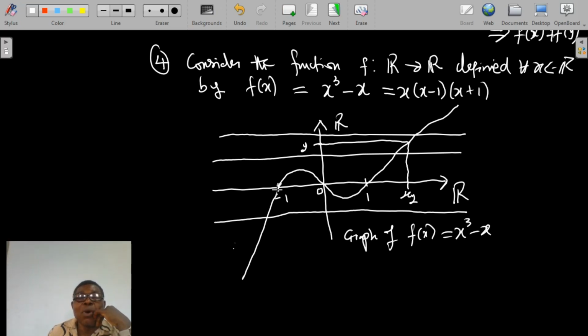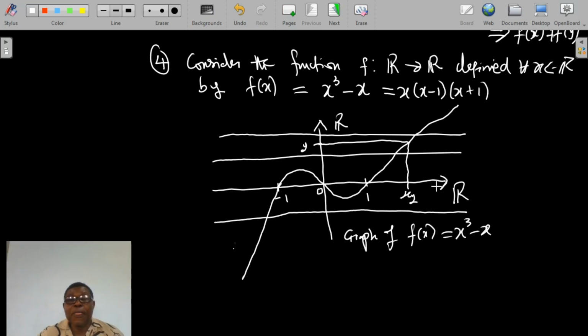For example, -1, 0, and 1 are distinct points on the horizontal axis, but their images are the same. The image of -1 is 0, the image of 0 is 0, and the image of 1 is also 0. So these points are distinct but have the same image, and therefore the function is not one-to-one, but the function is onto.